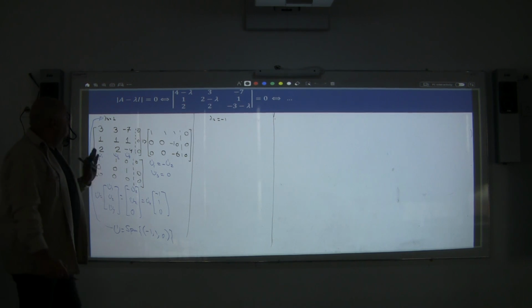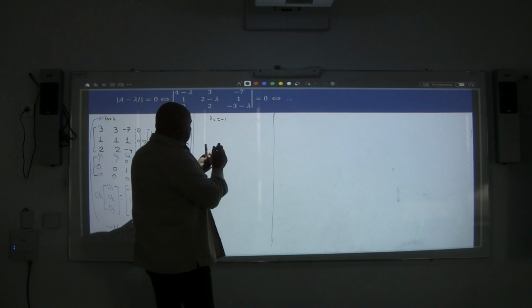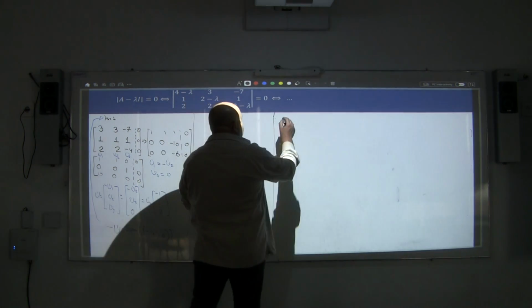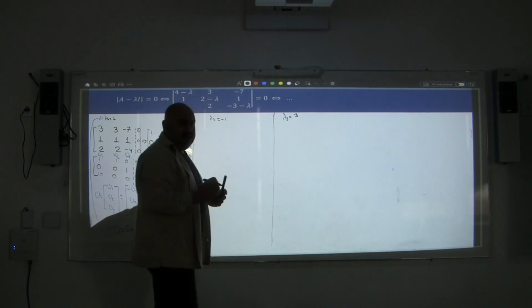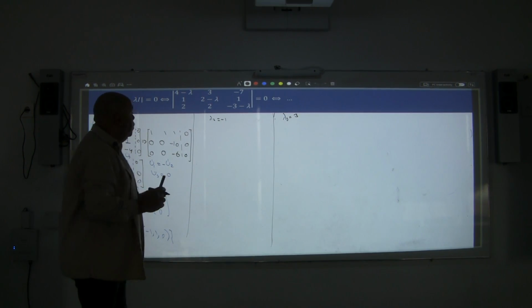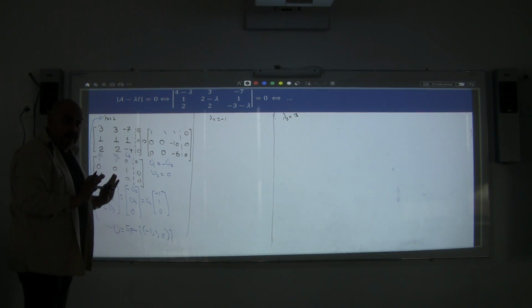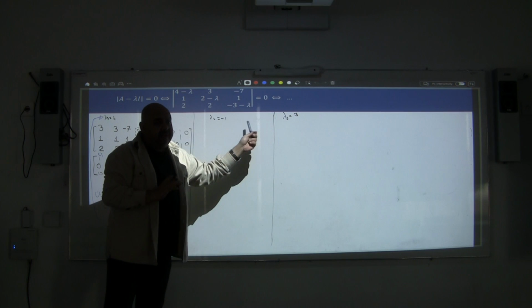Before we continue, we already have lambda 1 equal to 1, lambda 2 equal to negative 1, and lambda 3 equal to positive 3, I believe, or negative 3? Positive 3. Okay? So now I have the values with me. Is there any repeated value in the values of lambda?